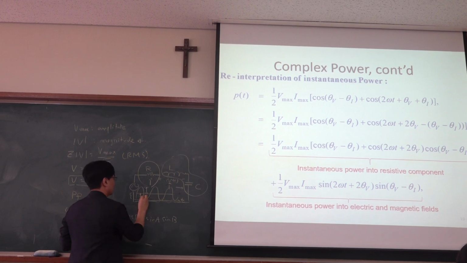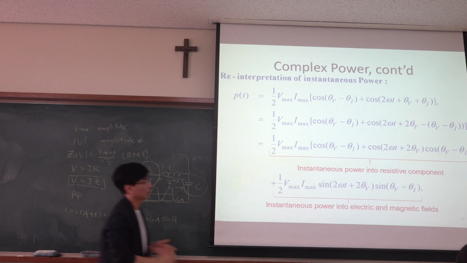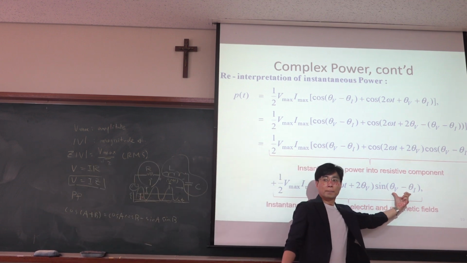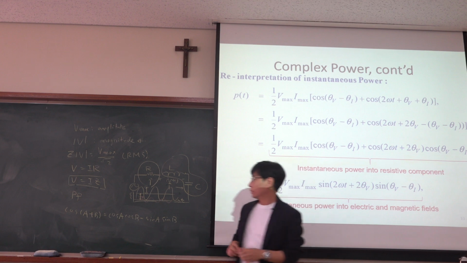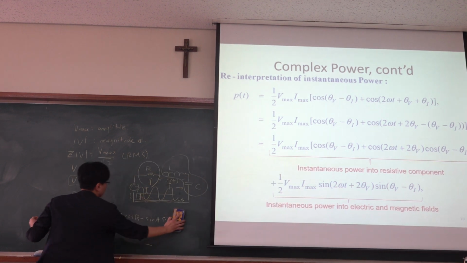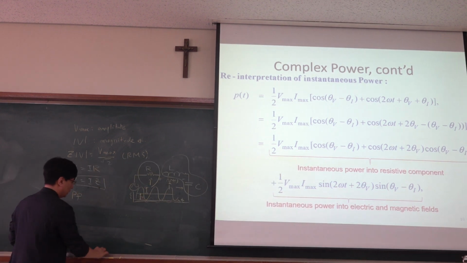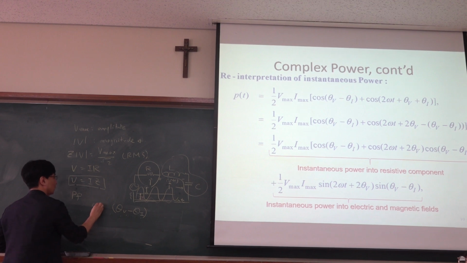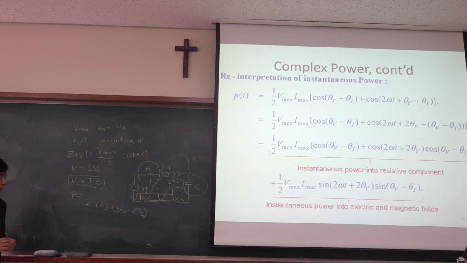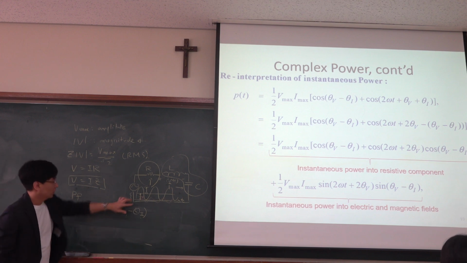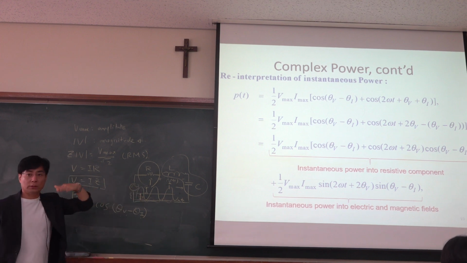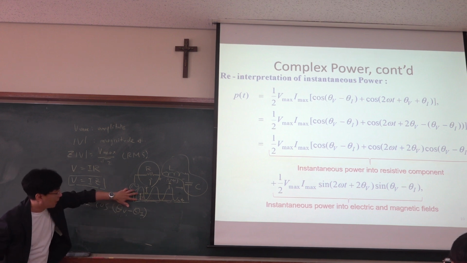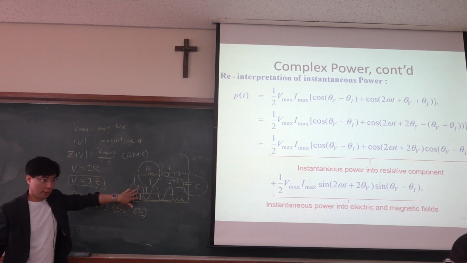So this amplitude is determined from here. What I want to tell you is the power factor angle, theta v minus theta i, and the cosine of that is the power factor, and depending on the power factor, this amplitude and that amplitude change, and also this bias term changes.